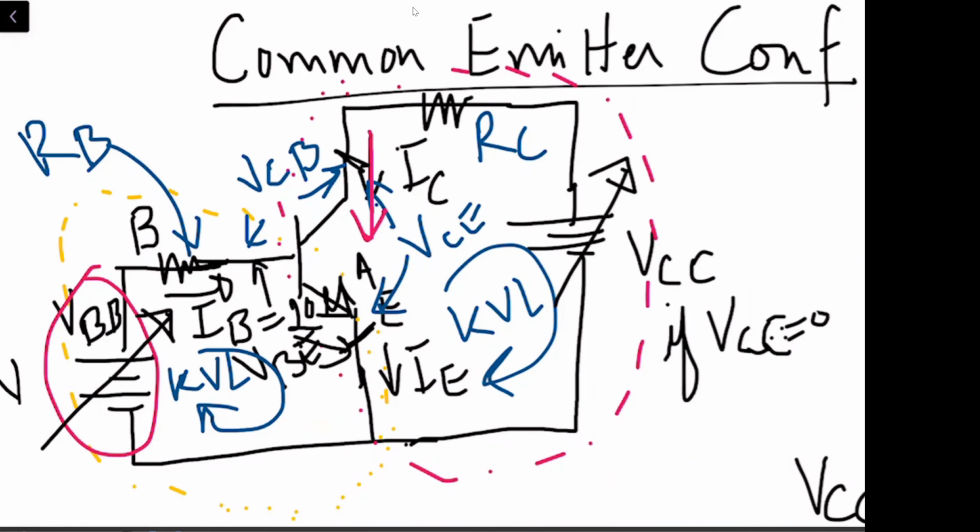When VCE is equal to 0, the potential between base and emitter is 0.7 volts, right? Are you with me? So when the potential between the base and emitter is 0.7 volts, this means the potential between base and collector is also 0.7 volts.